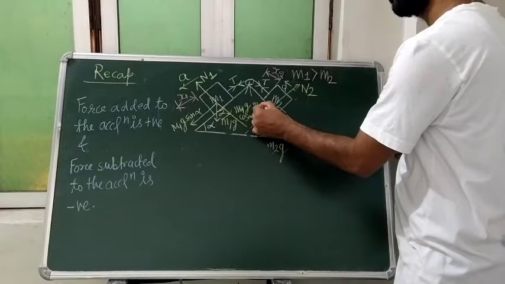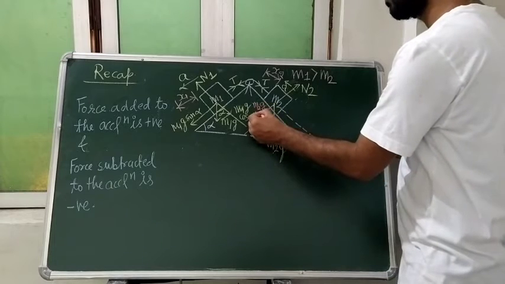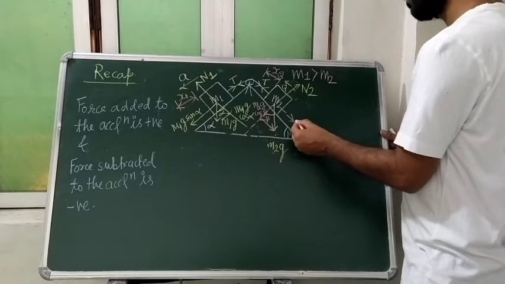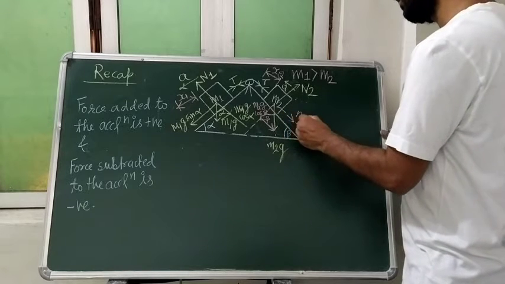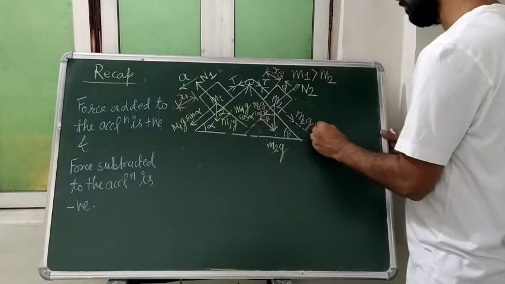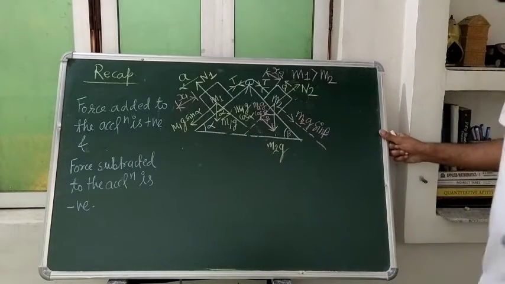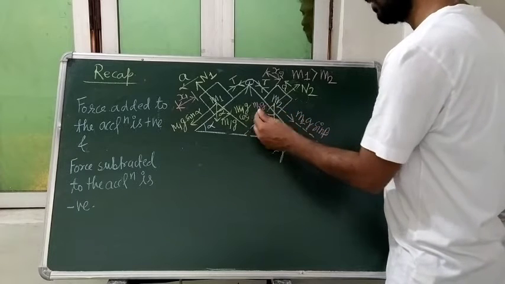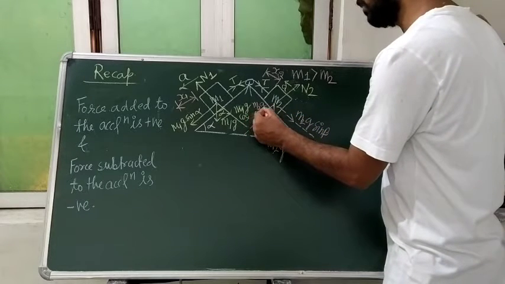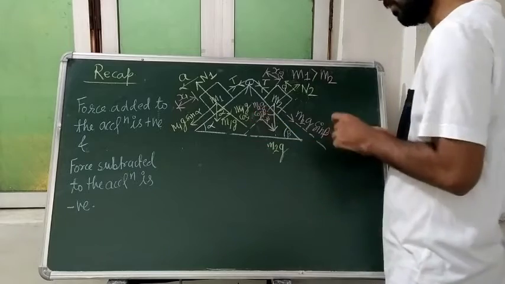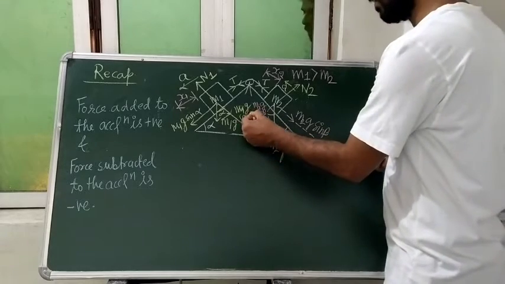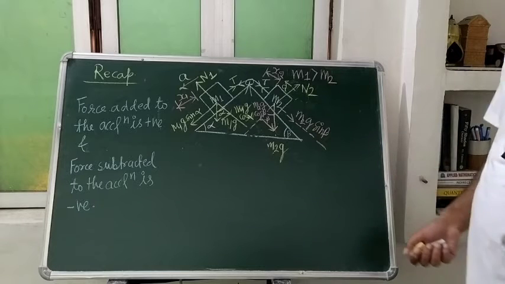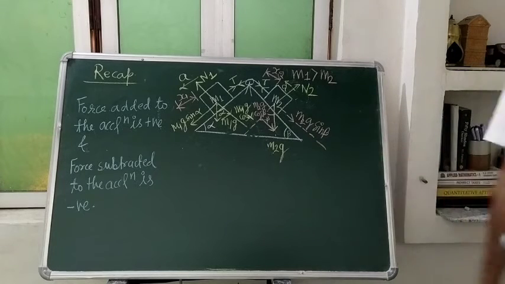M2g cos beta, and this side we will get what? M2g sin beta. Isn't it? So this is M2g cos beta I am writing here. Here is that alpha. Okay. So the first task would be this.